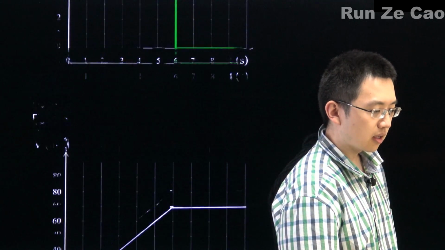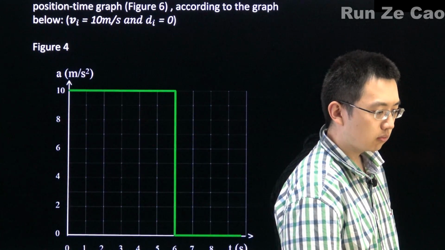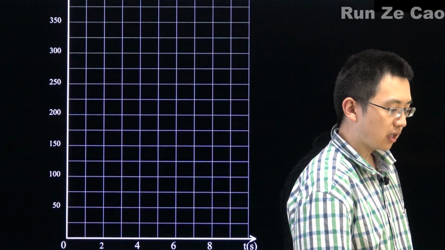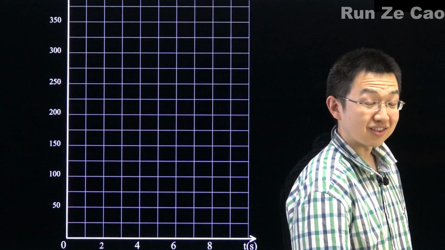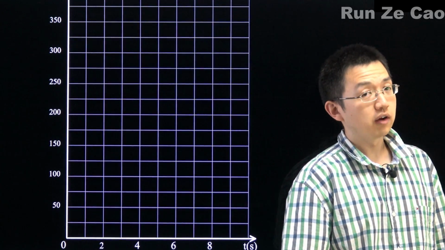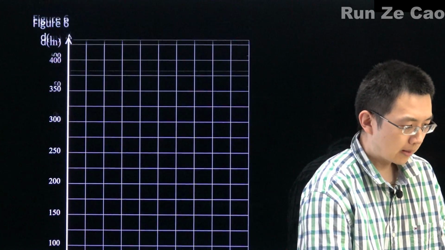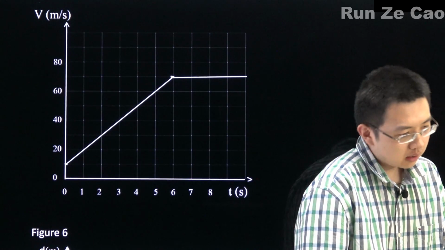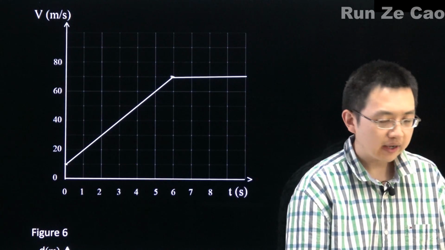Now we know that the distance initially is 0. There's not necessarily going to be a unit attached when you say the initial is 0, for hopefully obvious reasons. Okay, so what was our velocity in the first second?